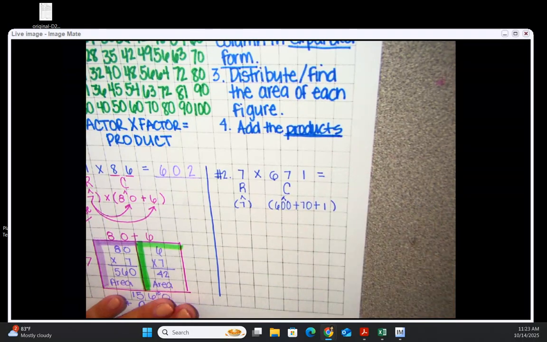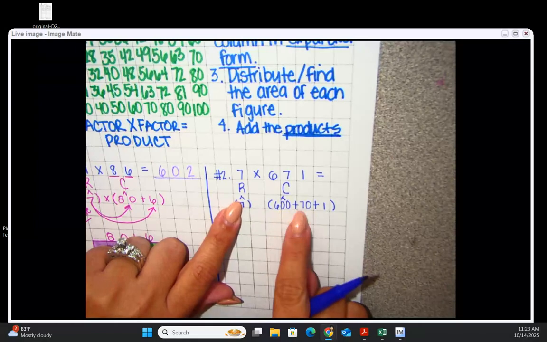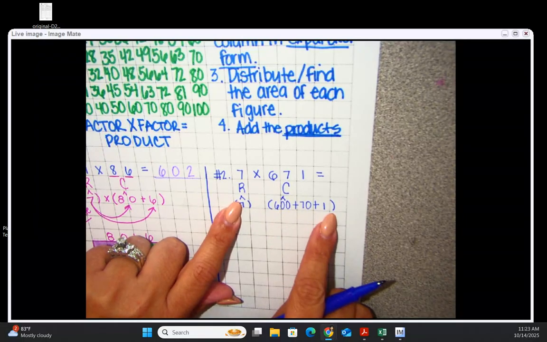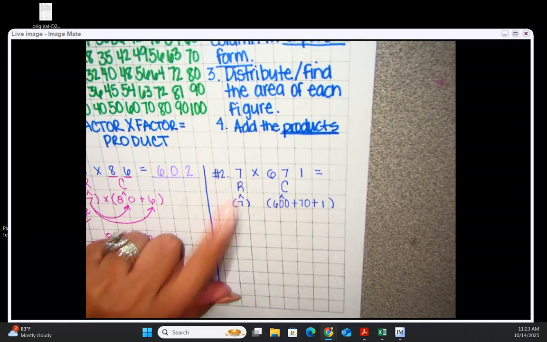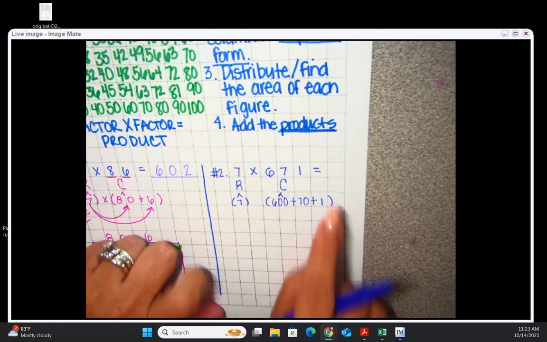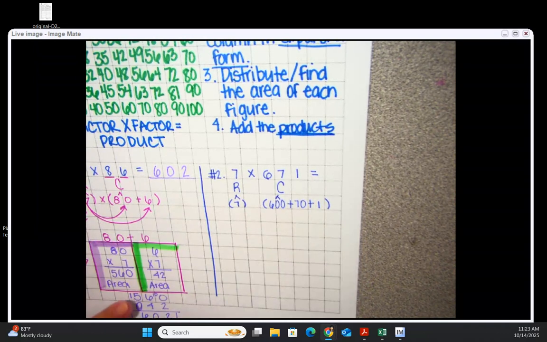Close parentheses. So the reason I write these parentheses is because I'm not doing 7 times 600 plus 7 plus 1. I'm doing 7 times 600, 7 times 70 and 7 times 1. This separates my problem.